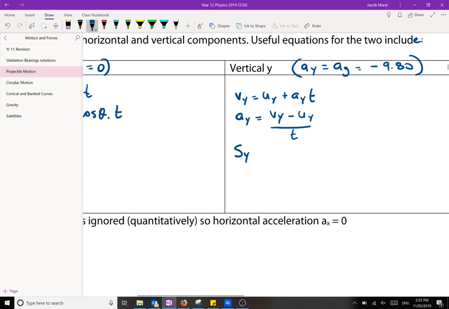Next, s equals ut plus a half at squared, and now v squared equals u squared plus 2as. So now it's becoming important that we know that these equations are only reserved for the y component, because it's only in the y component that there is an unbalanced force. This is ignoring the effects of air resistance.